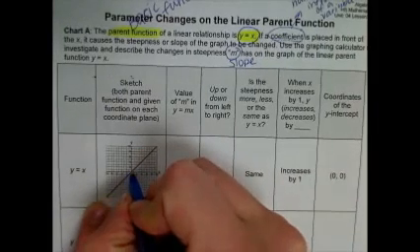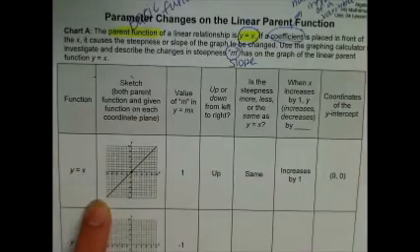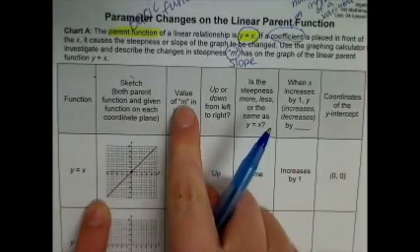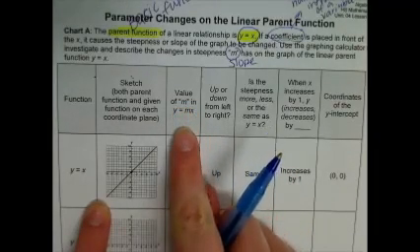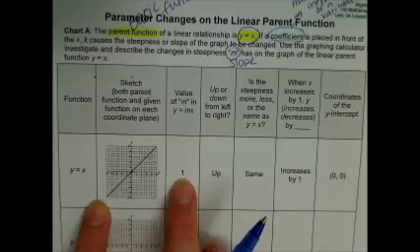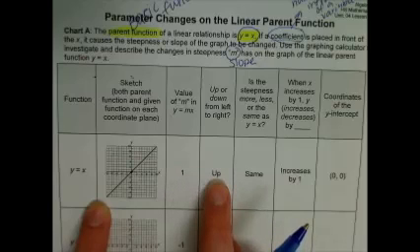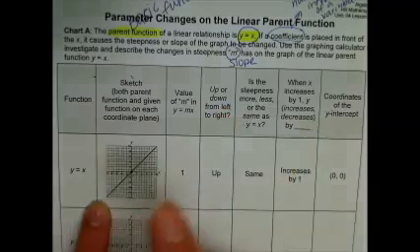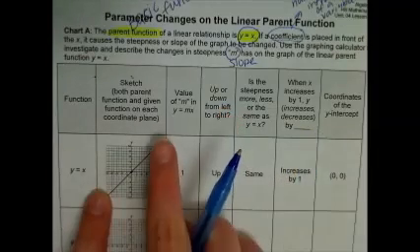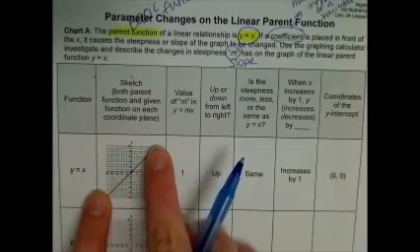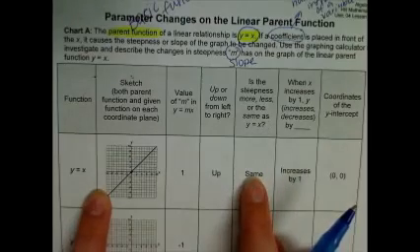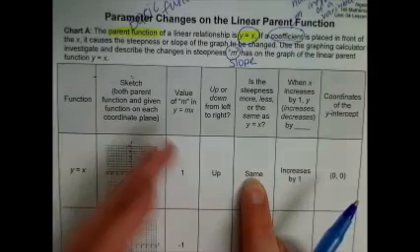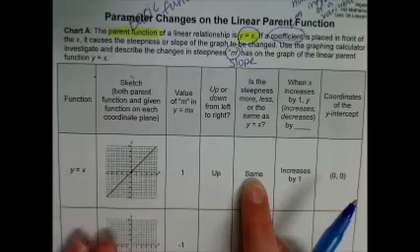It's going to intercept at the origin at 0, 0. Your slope is 1. It's going to go in a positive direction, so from left to right, it's going up. We're going to talk about the steepness, which is your slope, how high it's going or almost how flat it's going.